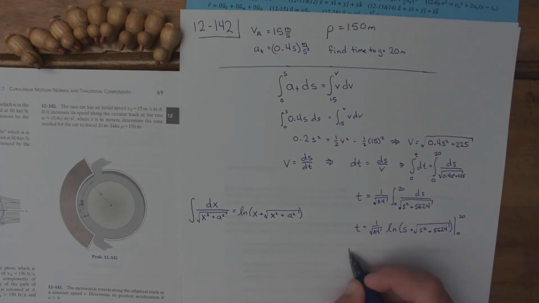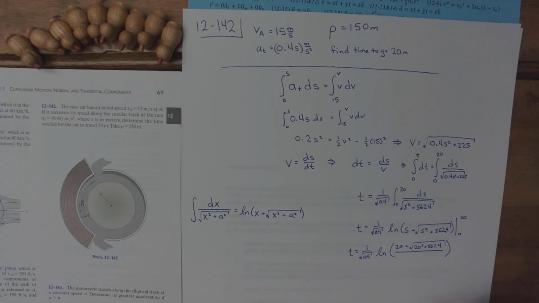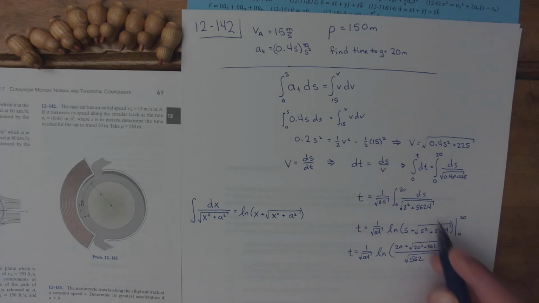So let's do this again. Okay, so I have 1 over the square root of 0.4. Then I have the natural log of, when I plug in 20, 20 plus the square root of 20 squared plus 562.5, and then I'd be subtracting the lower limit of integration, but remember, when you subtract natural logs, you can instead take the natural log of what you would get by dividing this by what you get when you plug 0 in, which is just the square root of 562.5.